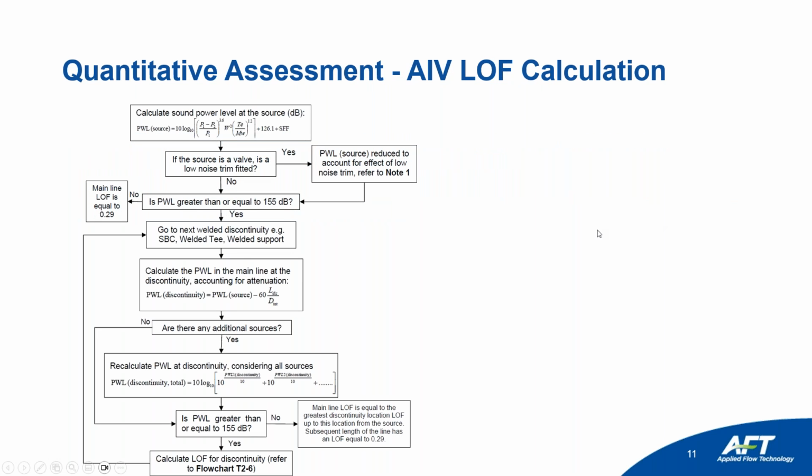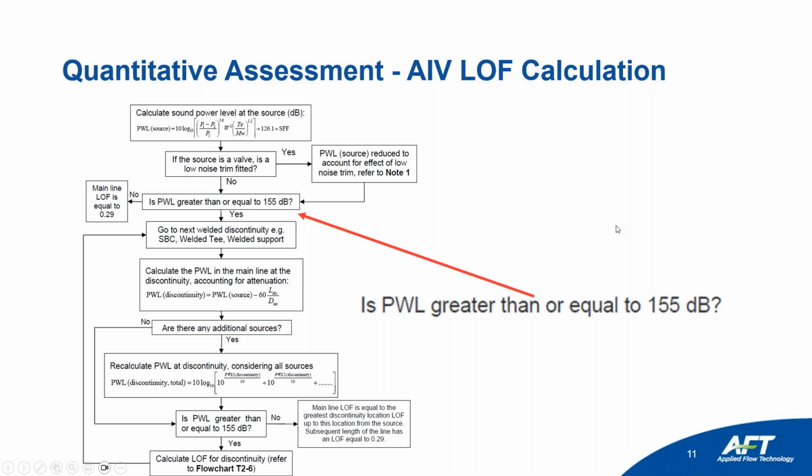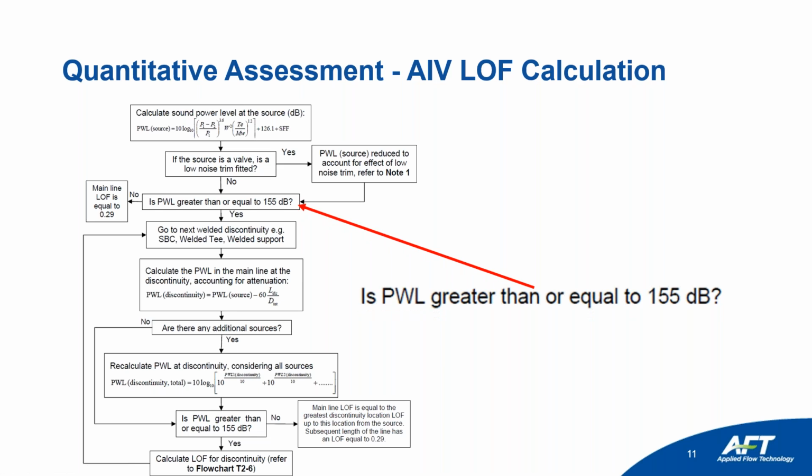So here is the LOF calculation. First, we calculate the sound power level, sound power level at the source. Then we ask the question whether it's higher than 55 decibels or not.